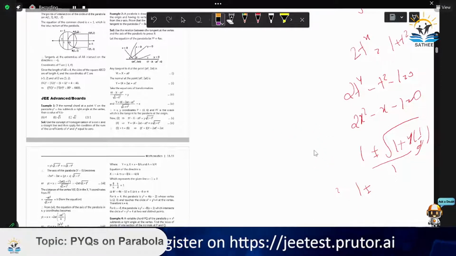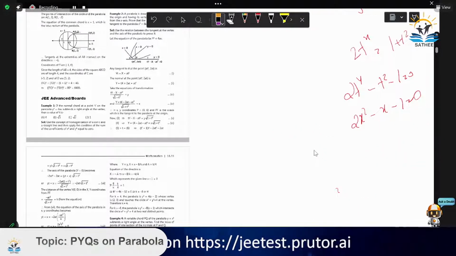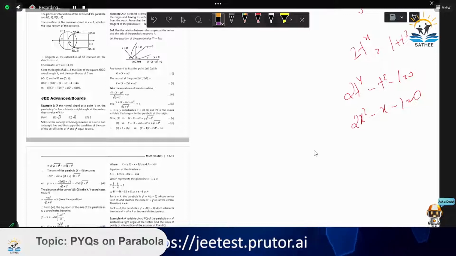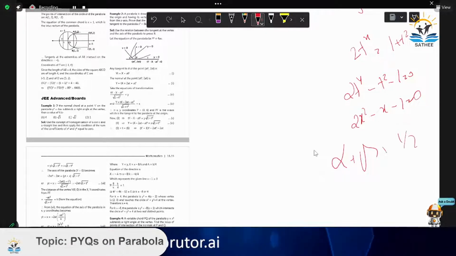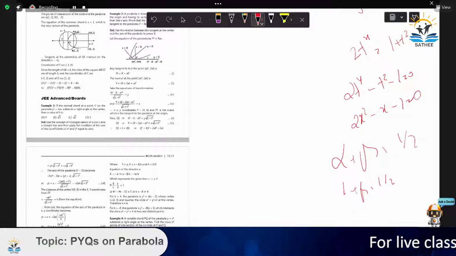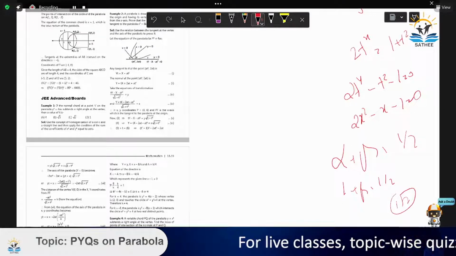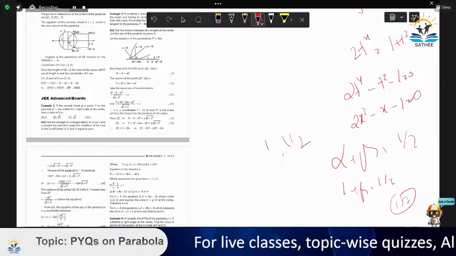Why is 1 not a root here? So beta becomes half, 1 and half.